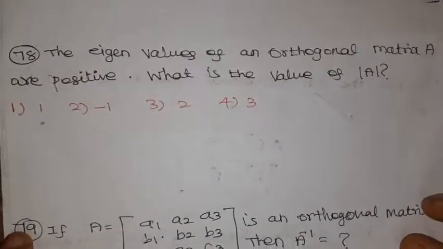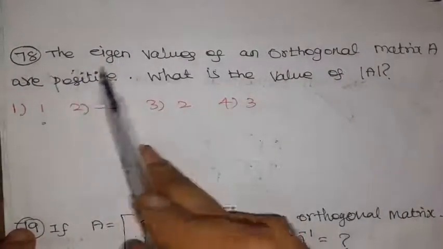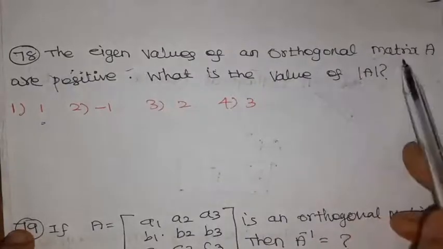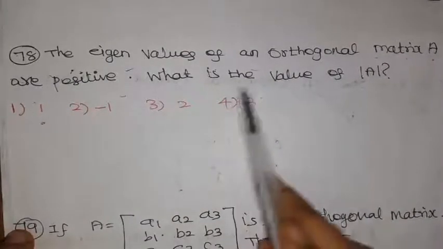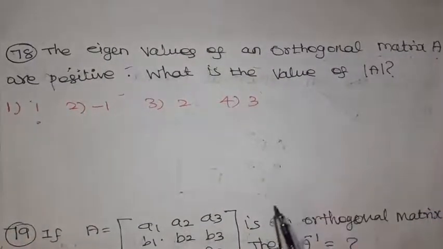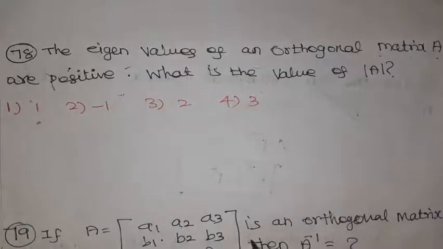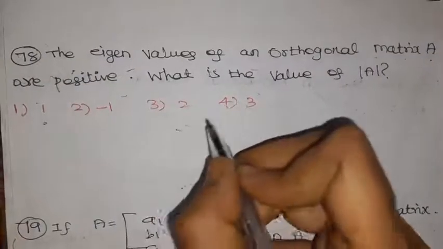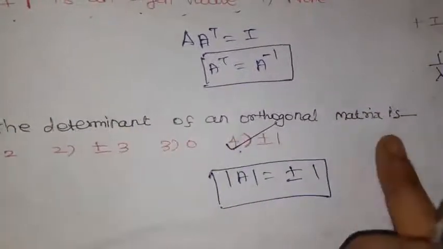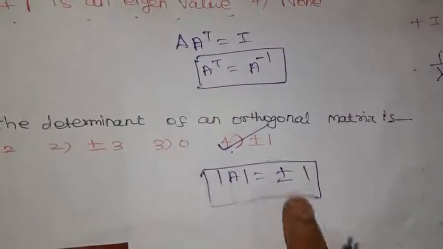Then question number 78. The eigenvalues of an orthogonal matrix A are positive. What is the value of determinant A? So, what is given? The eigenvalues of orthogonal matrix A are positive. Then we need to find the value of the determinant of A. Previously we have seen that the determinant of an orthogonal matrix is nothing but plus or minus 1.